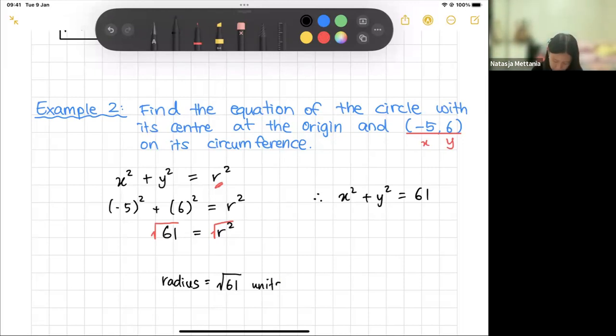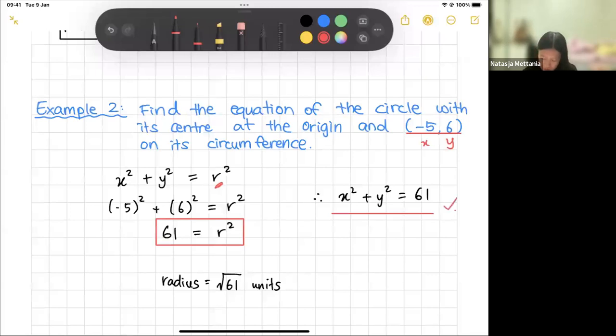That would be my radius. But because it asked me for the equation, my equation is this. Super easy. Once I found r squared, I'll just put that into the equation and just leave it as this. Hopefully that makes sense.